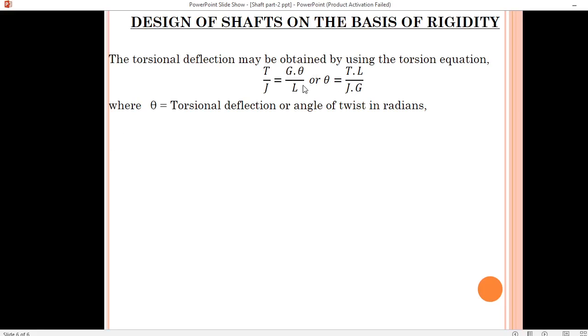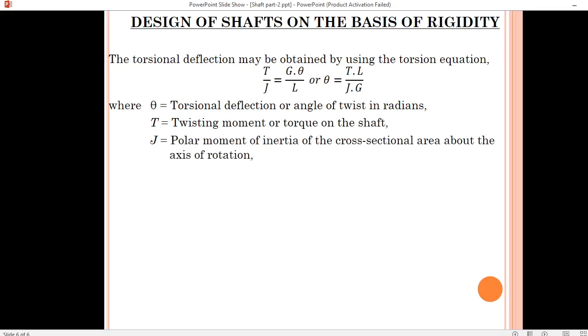So here the theta value can be determined by the equation of torsional deflection, that is T by J is equal to G theta divided by L. So theta is equal to T into L divided by JG. Where theta is the torsional deflection or angle of twist, T is the twisting moment or torque of the shaft, and J is the polar moment of inertia of the cross-sectional area about the axis of rotation.